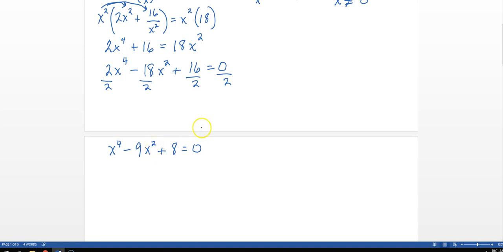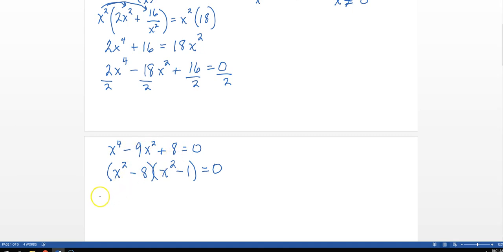And then factoring, that will factor into x squared minus 8 times x squared minus 1, because two numbers that multiply to get positive 8 and add to get negative 9 would be negative 8 and negative 1.